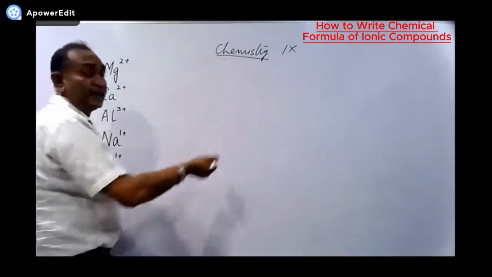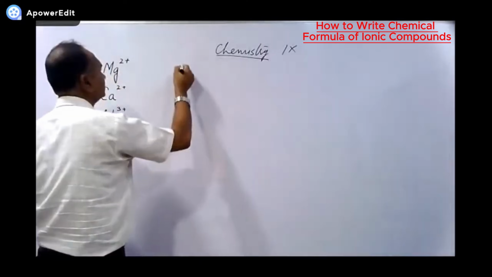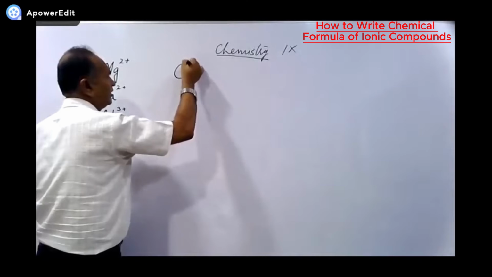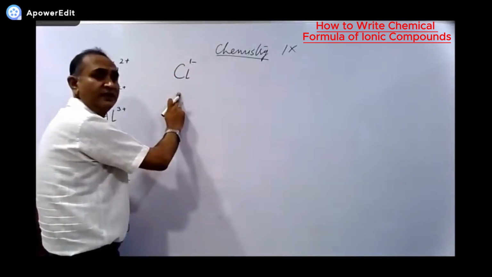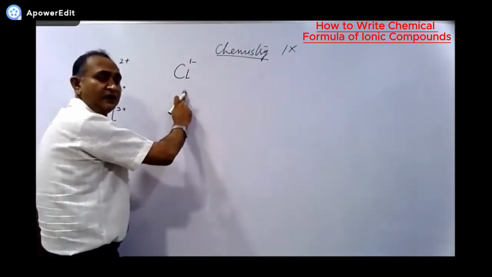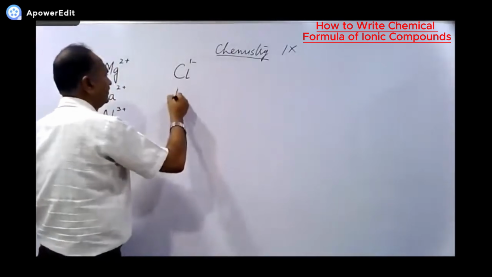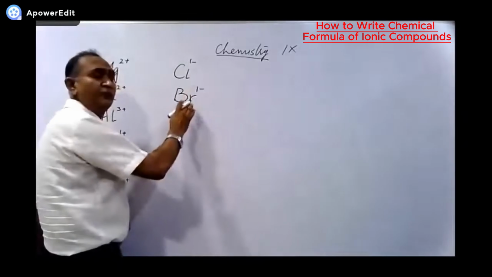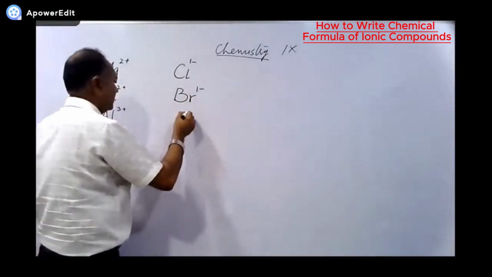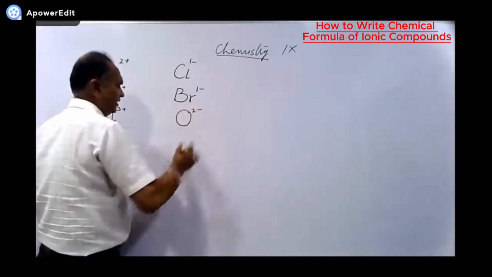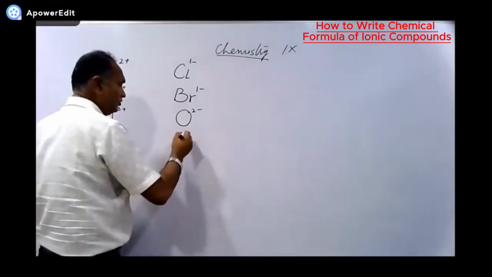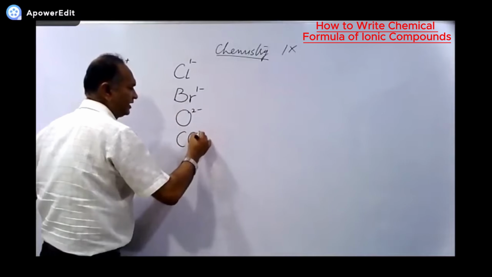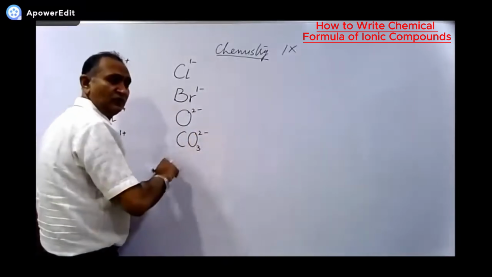Secondly, the negative ones, anions. Let me write a few. It's not chlorine. Chloride. It's not bromine. After having a charge, it is called bromide. Oxide. And the most important in use, we did it yesterday, carbonate, CO3 2 minus.